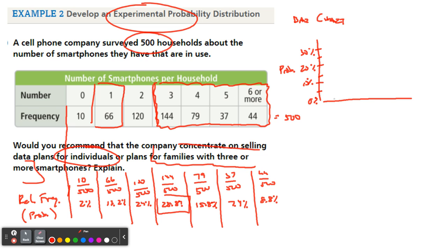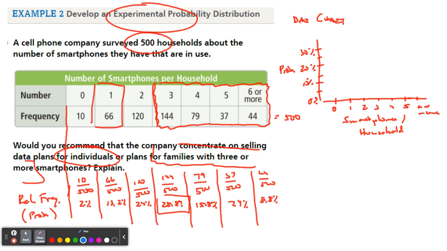So I'm going to put a little dash for each one. And this is my number of smartphones per household. And that'd be 0, 1, 2, 3, 4, 5, and then 6 or more.